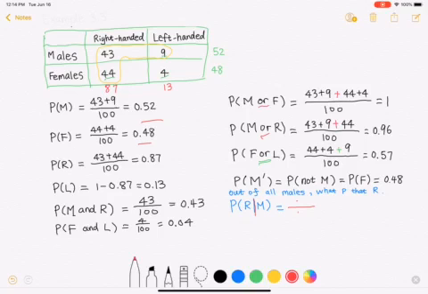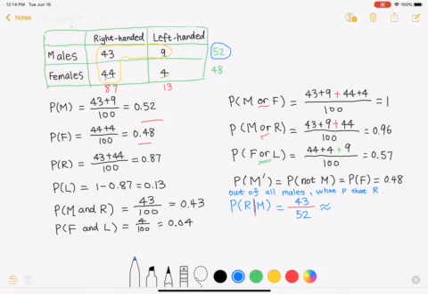Now we need to find out how many males there are. It's 52 males, right here. Out of the 52 males, how many of them are right-handed? 43 of them. Then you use a calculator: 43 divided by 52, and you round your answer according to the instruction.